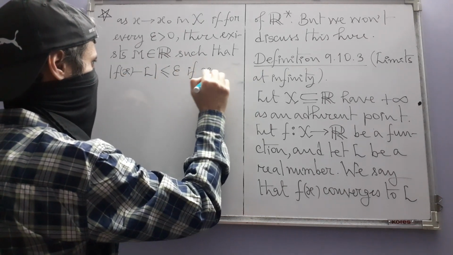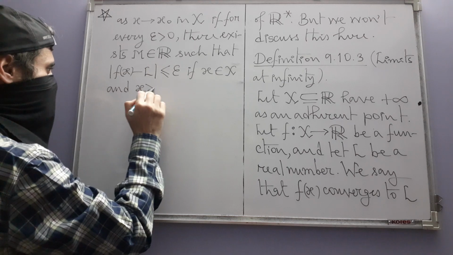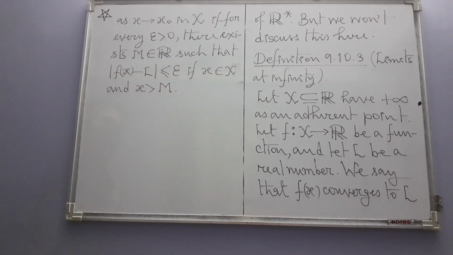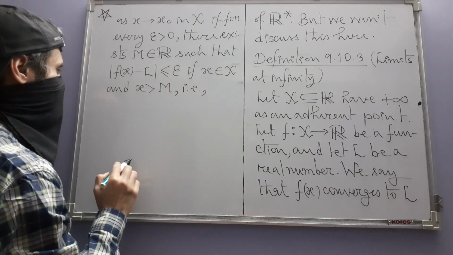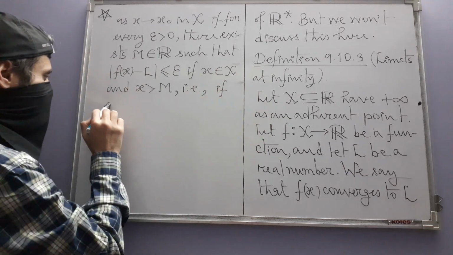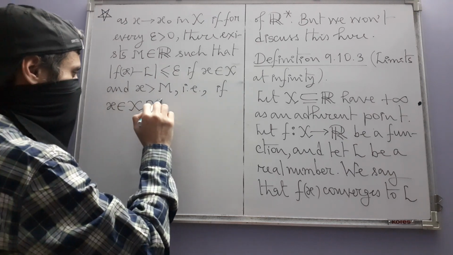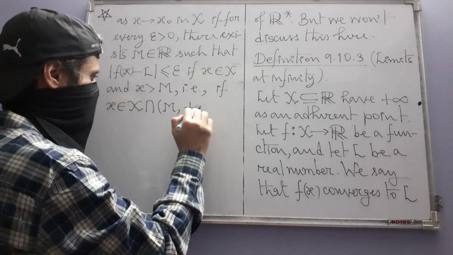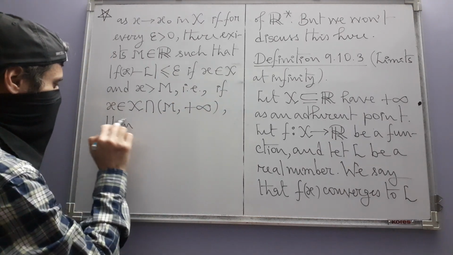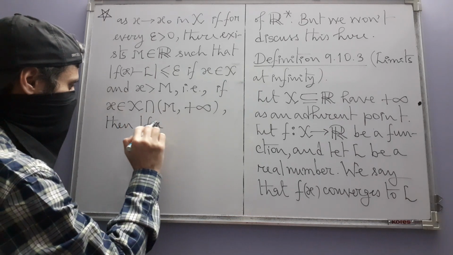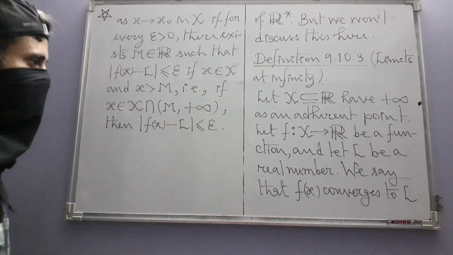If x belongs to X and x is greater than m, that is, if x belongs to X intersection this open ray, then the distance between f(x) and L is at most epsilon.